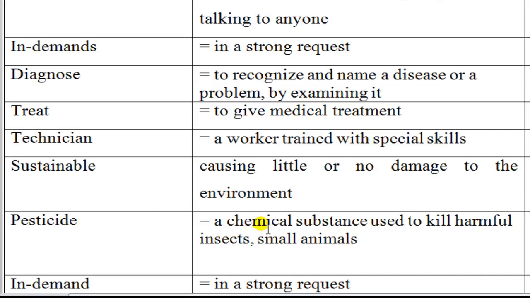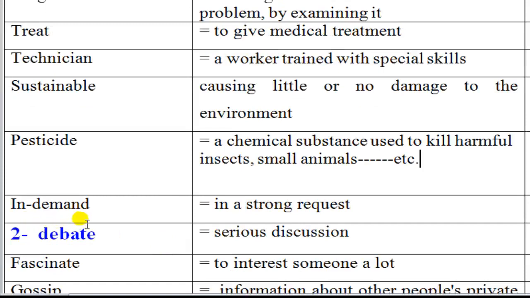Pesticide, chemical substance used to kill harmful insects, small animals, etc. In demand, in a strong request. So the word here is repeated again. In demand, in a strong request.